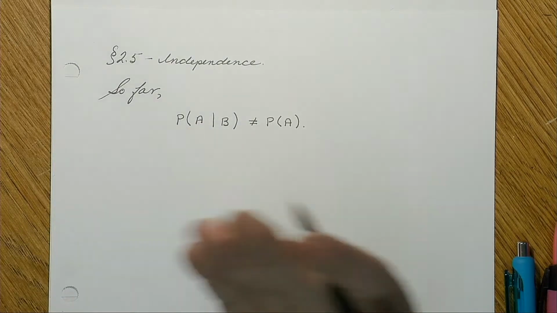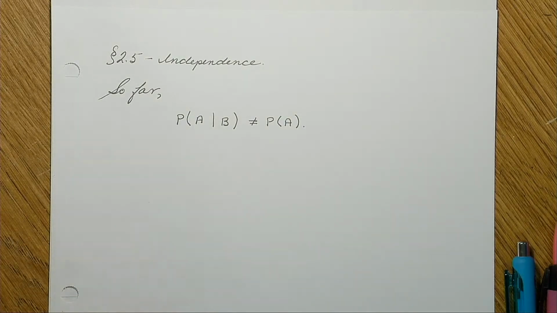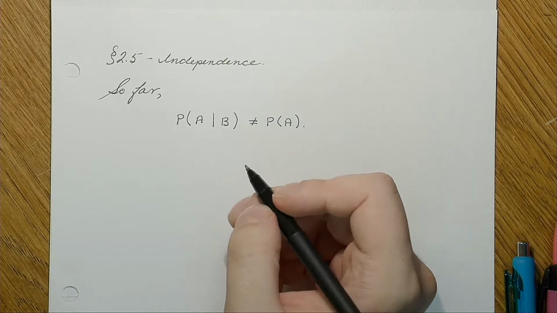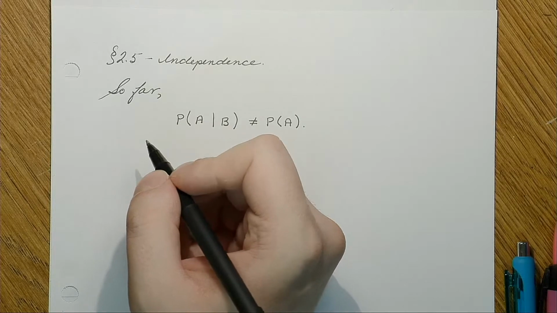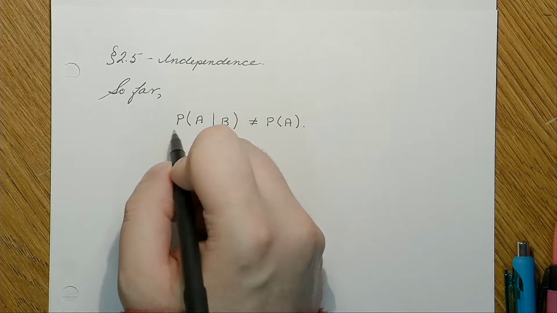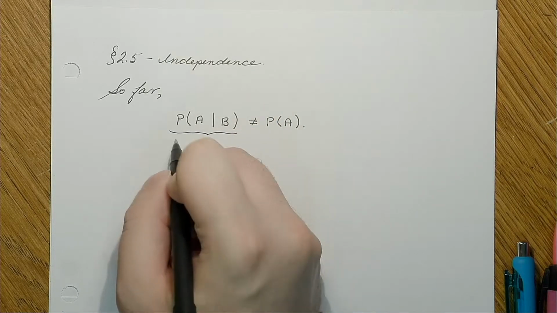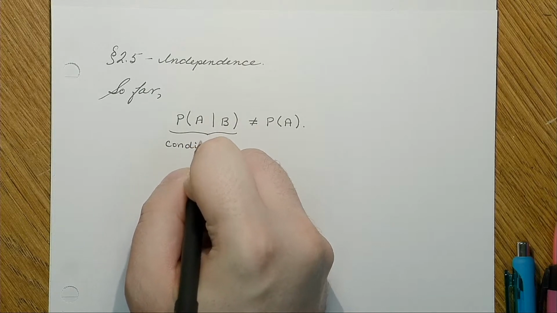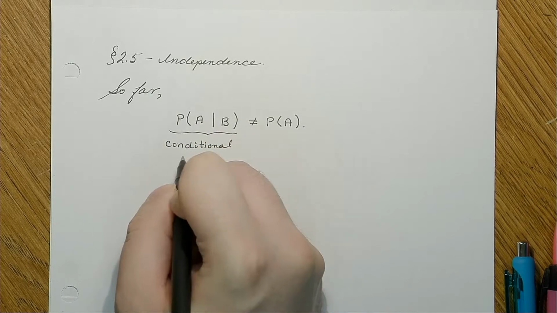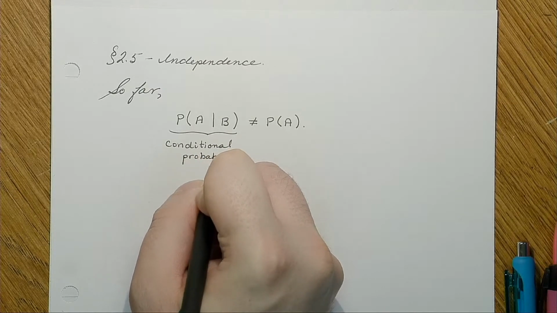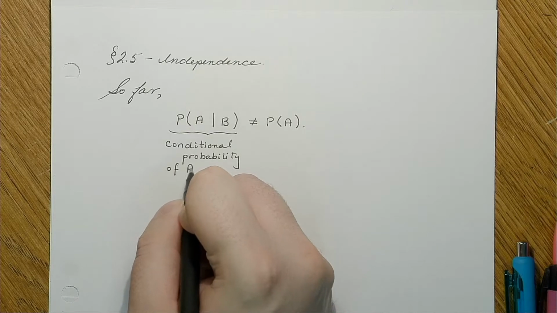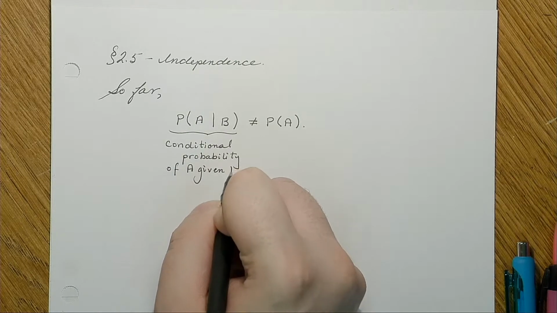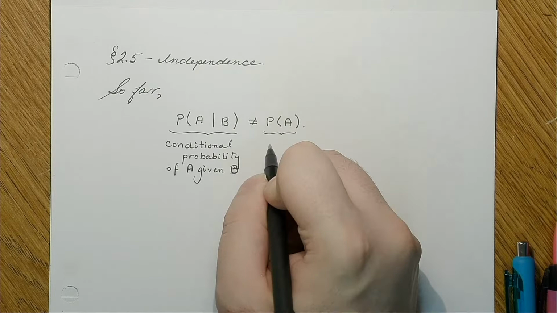We just did something very similar with the inspector getting new information, again changing his probability. So this is what we'll call the conditional probability of A given B, and we'll call this the unconditional probability.